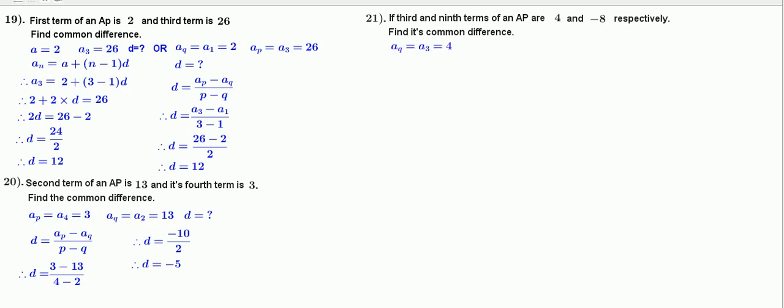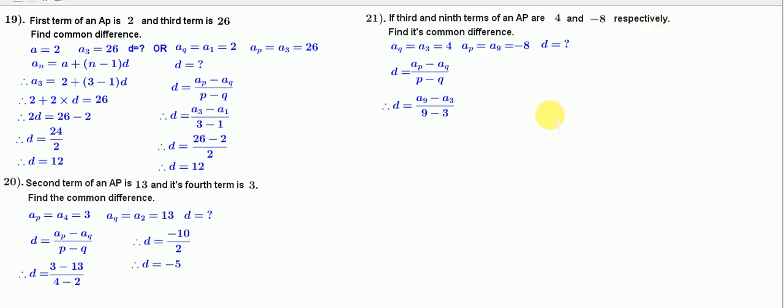Here AQ equal to A3 equal to 4, AP equal to A9 equal to minus 8, D equal to question mark. Formula D equal to AP minus AQ by P minus Q. Substitute 9 for P and 3 for Q. That is D is equal to A9 minus A3 by 9 minus 3.